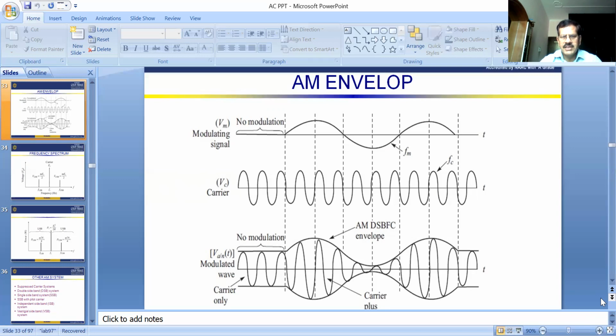Next, the amplitude modulation double sideband envelope shows the variation of the amplitude of the signal. So this shows the resultant signal of amplitude modulation.